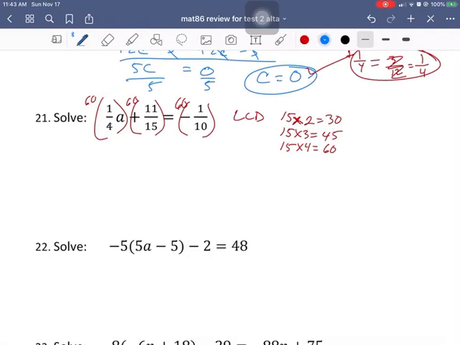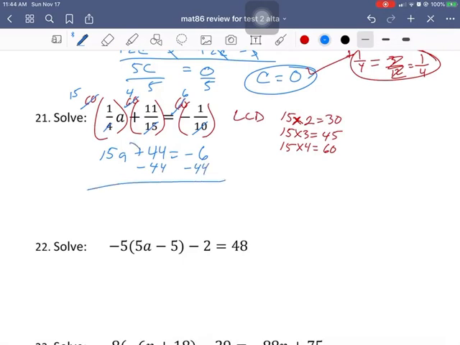All right, now 4 into 60 goes 15 times. 15 times 1 is 15a. 15 into 60 goes 4 times. 4 times 11 is 44. 10 into 60 goes 6 times. 6 times negative 1 is negative 6. Okay.